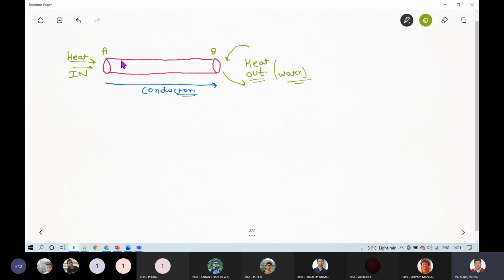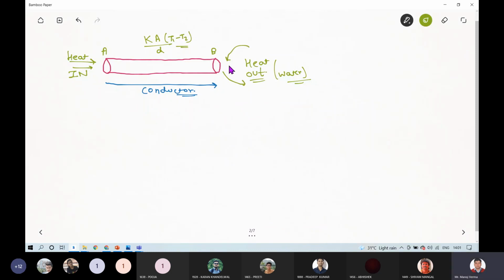And if you remember, the amount of heat traveling through this conductor was given by K A by D into T1 minus T2. Okay.